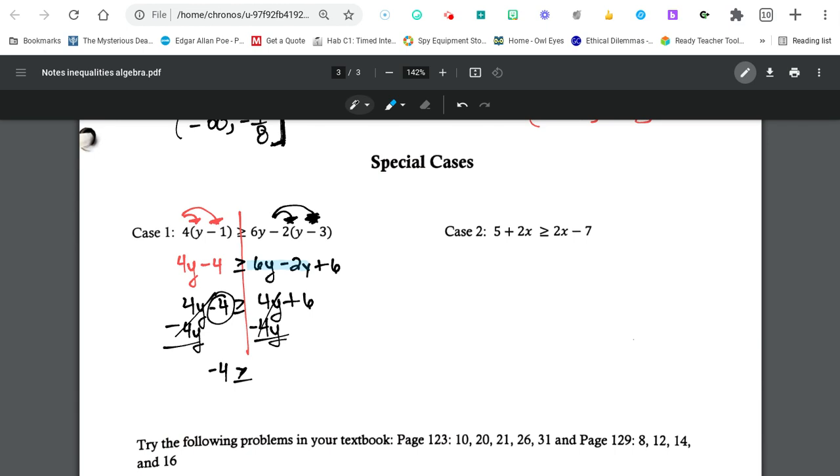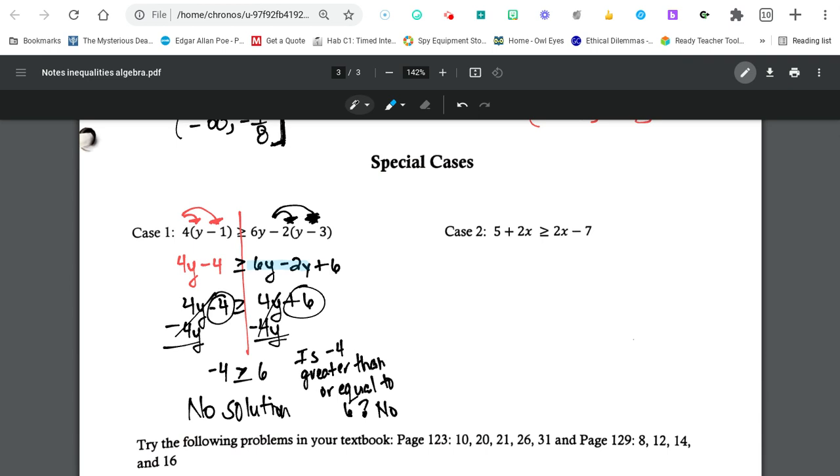And it says negative 4 is greater than or equal to what's left on this side, which is 6. So is negative 4 greater than or equal to 6? And that would be a no. So we get no solution.